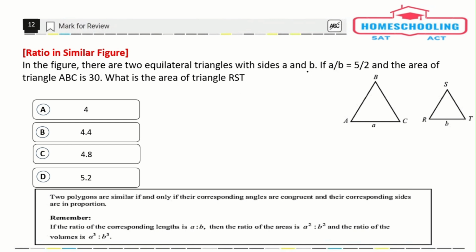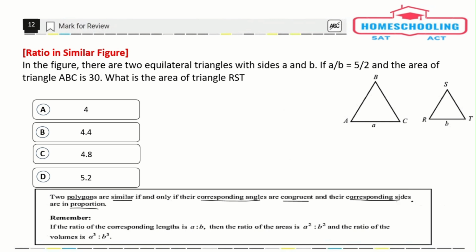Before we solve this question, let's take a few concepts. Any 2D figure with more than two sides, it can be a rectangle or triangle, is called a polygon. Two polygons are similar only if their corresponding angles are congruent and their corresponding sides are proportional.